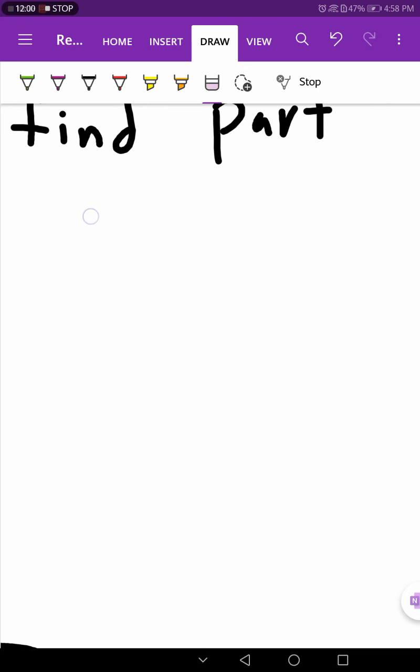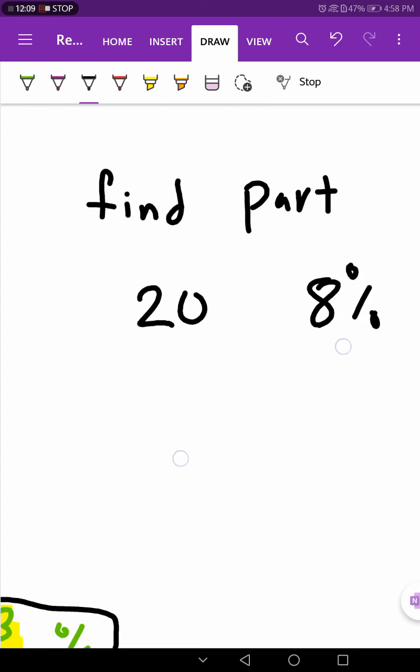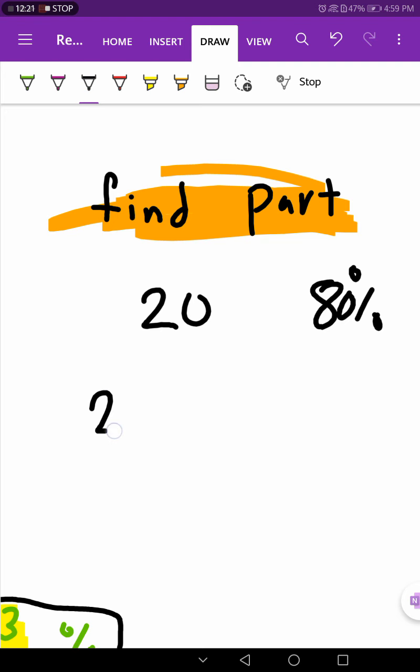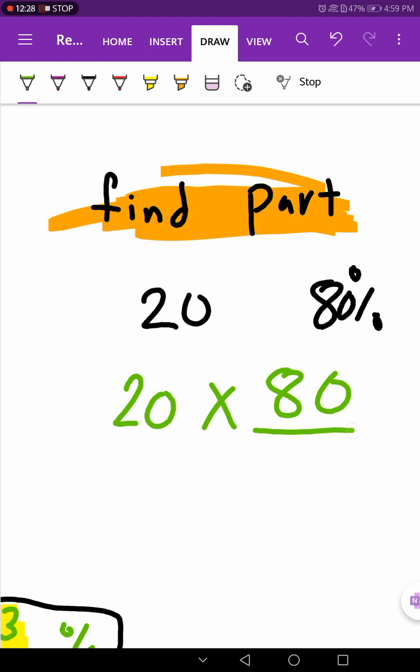We have 20 and suppose it is 80%, whatever. So if he asks you about part, remember, that means go and multiply 20 by 80 over 100. You cancel the zeros, this one.